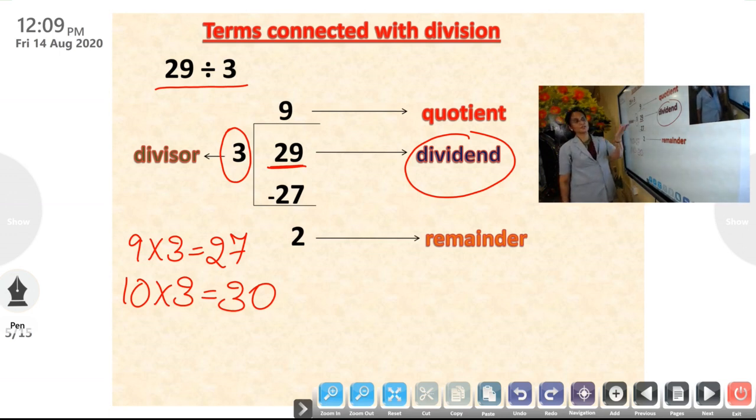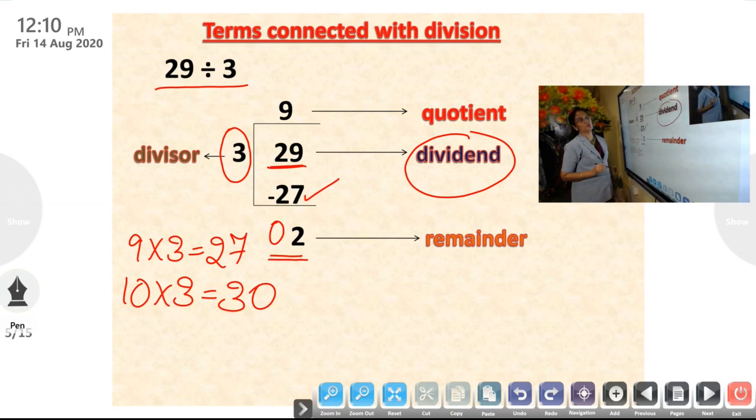So we have only 29 here. How many times we can take? 9 3s. 9 3s are 27 here. Then what you have to do? Subtract. 29 minus 27 is 2. So we are getting 2. And what is this 2 called? In division, the number that remains at the end, that is called what?